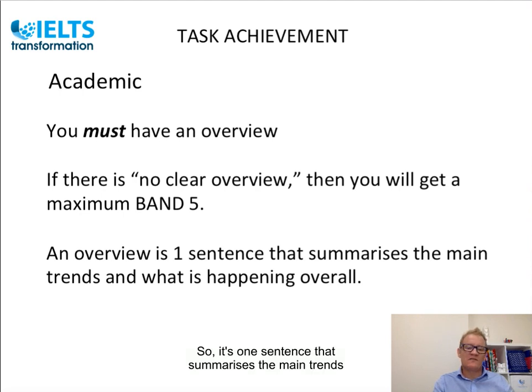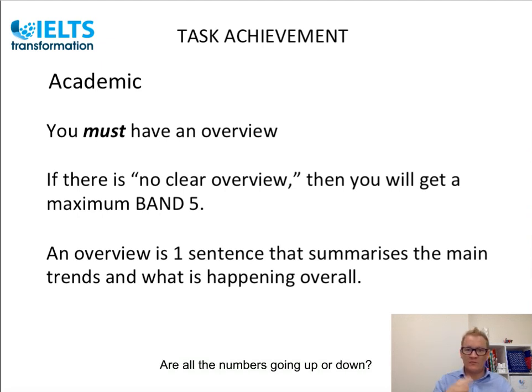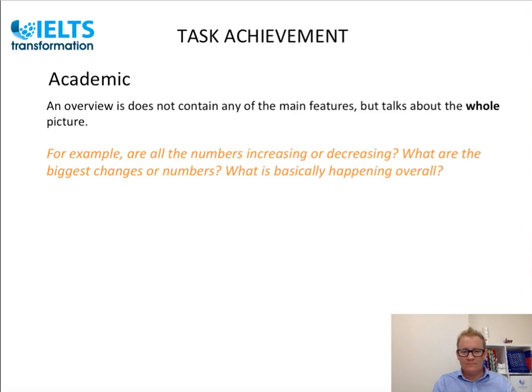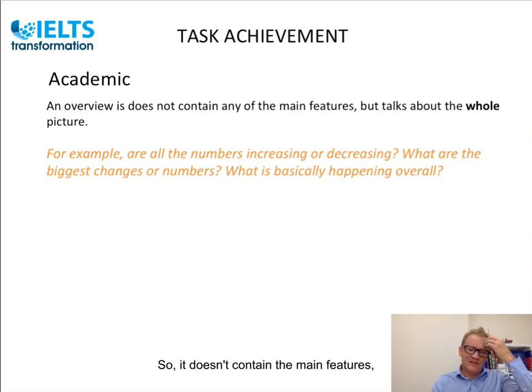So it's one sentence that summarizes the main trends and what is happening overall. Are all the numbers going up or down? We've got lots of examples here, so we will have a look. It doesn't contain the main features, but talks about the whole picture.